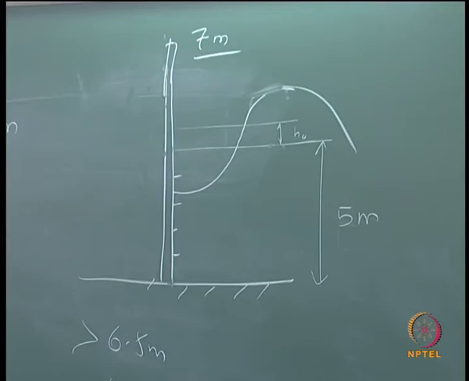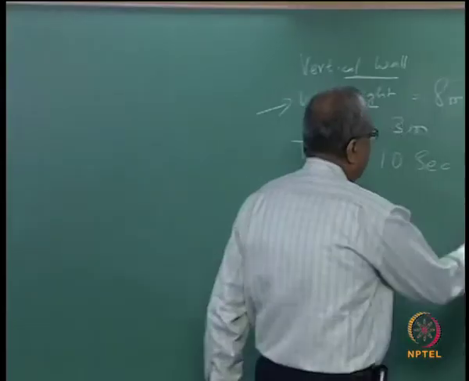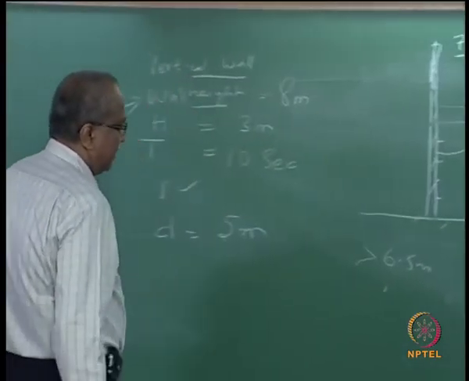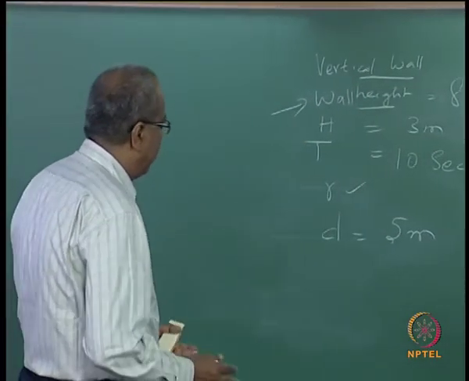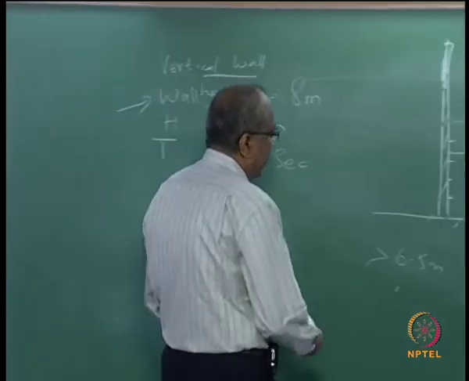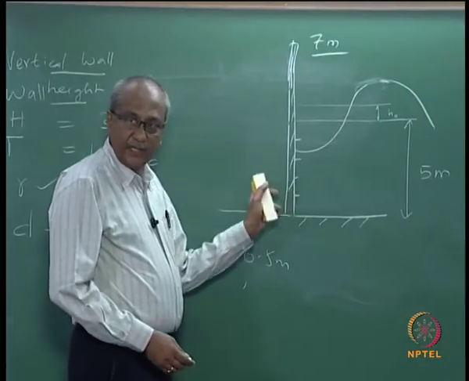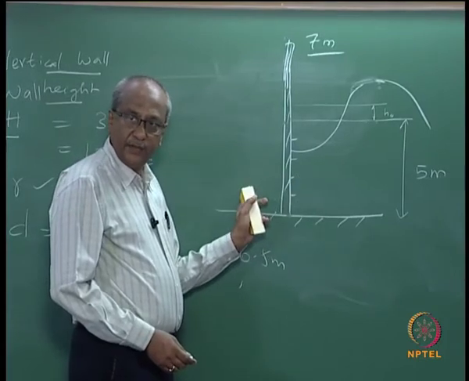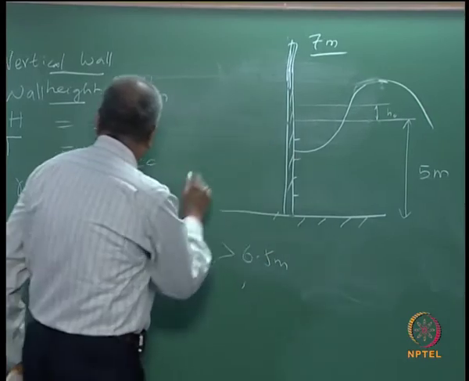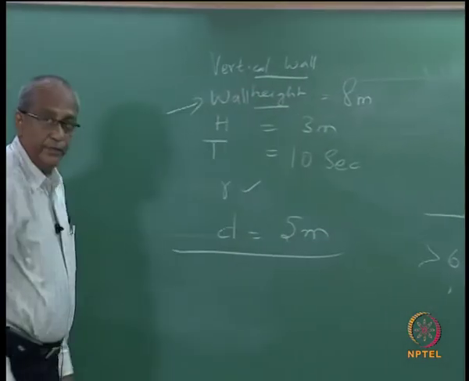Is that clear? Now with this, what other conditions would you look for? In an open ocean you will consider crest, trough, all those things. So now initially you have considered 5 meters.